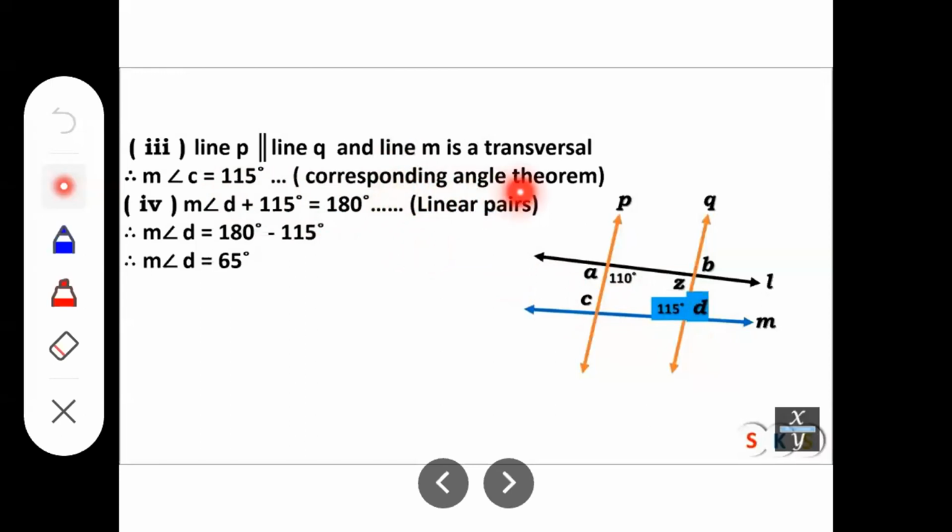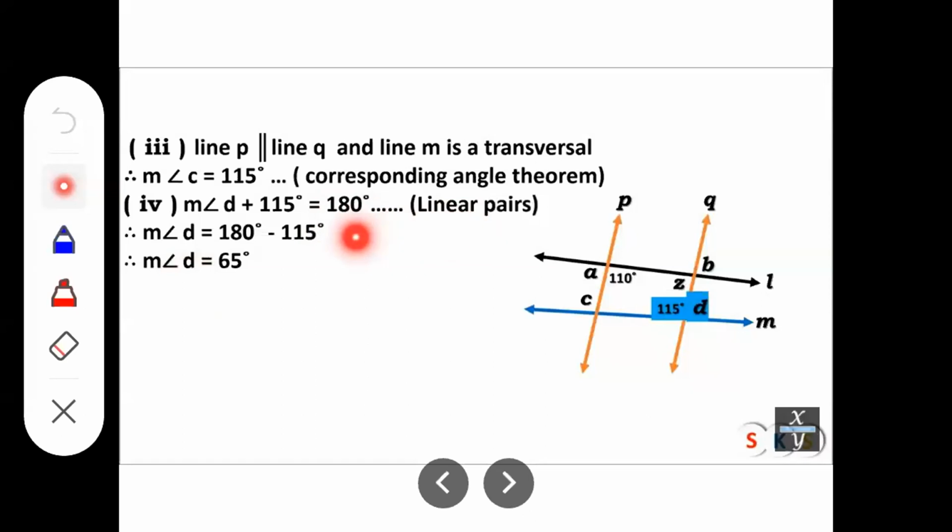And at last, we have to find the value of angle D. Measurement of angle D plus the value already given in the figure, that is 115 degree, equals 180 degree. The reason is angles in linear pair.